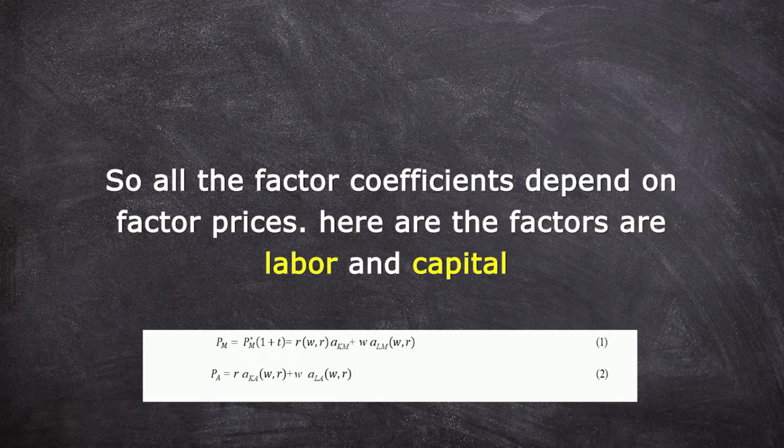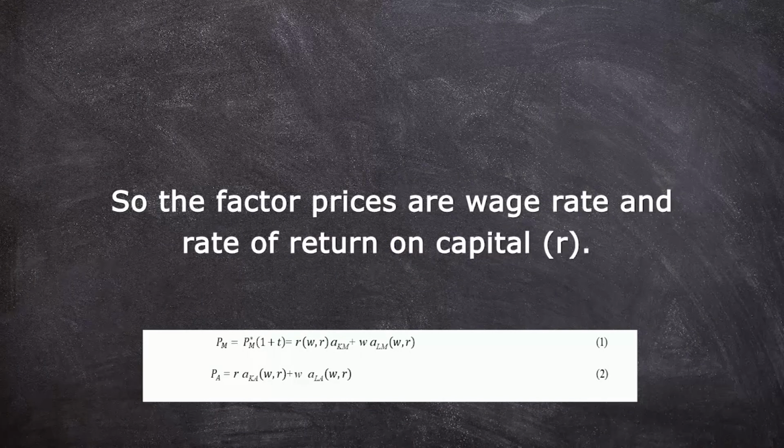Here the factors are labor and capital, so the factor prices are the wage rate and the rate of return on capital, that is R. Now I have already mentioned that the manufacturing sector is protected by a tariff. Here the form of tariff is ad valorem tariff.